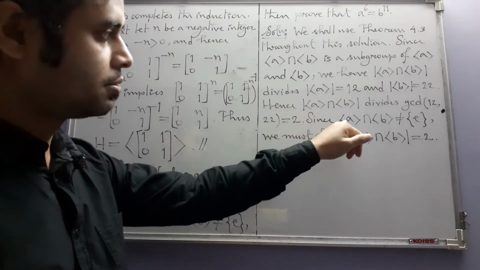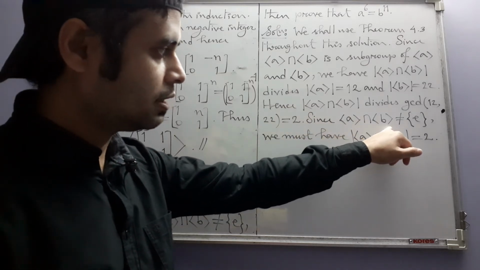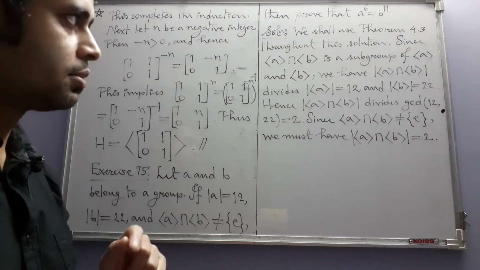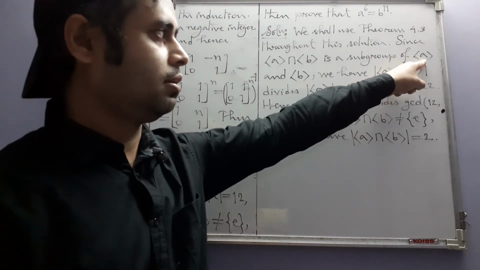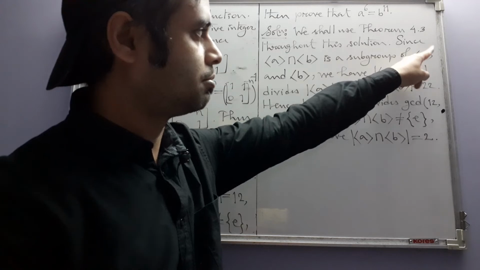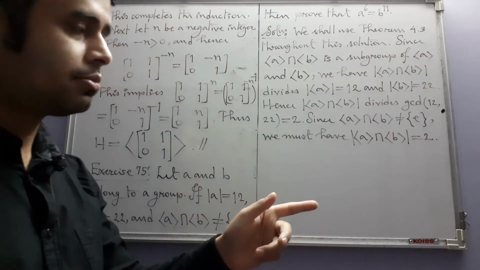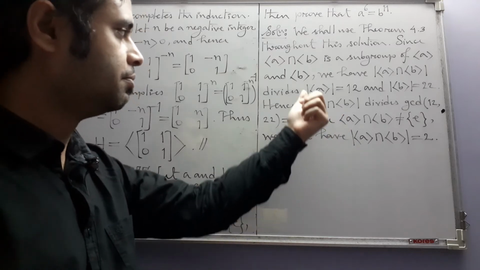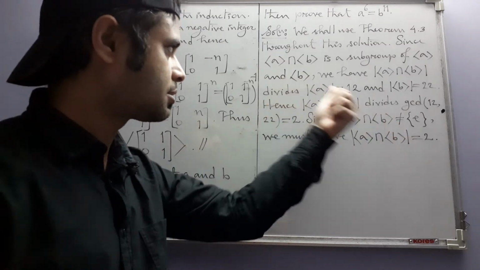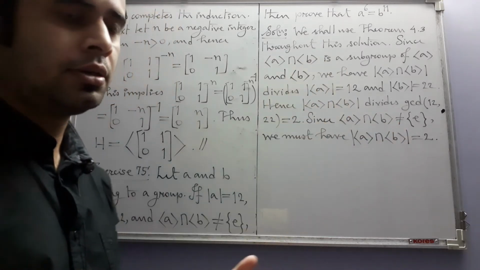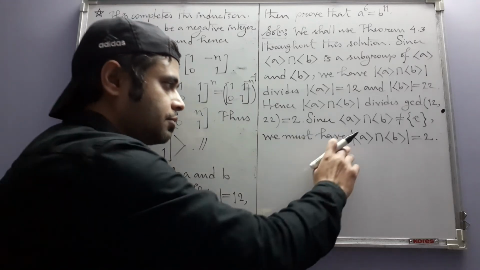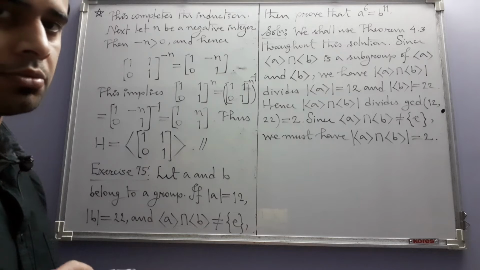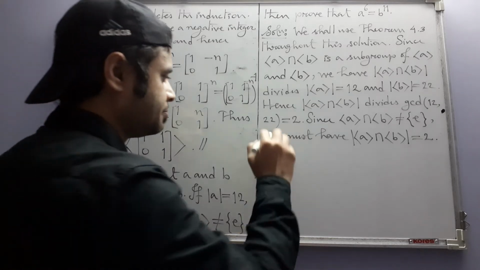So that means this intersection will be generated by some power of A, because it's a cyclic subgroup of this group. At the same time, it should be generated by some power of B, because it's a subgroup of this one also. And because the order of this group is 2, we know exactly which elements will generate it.